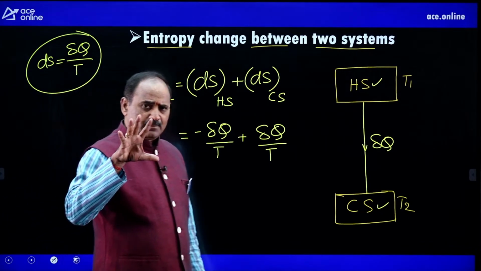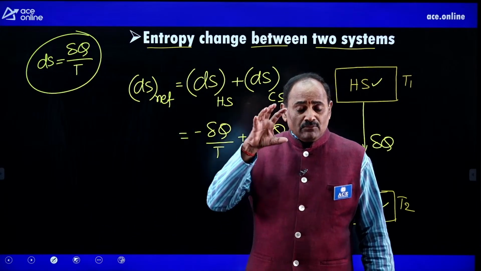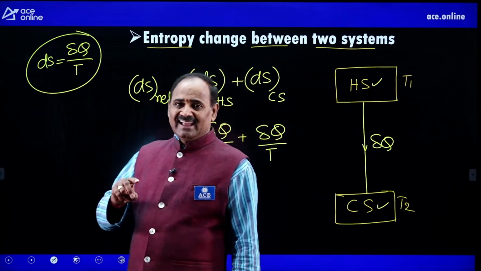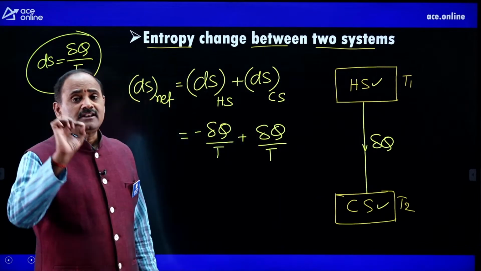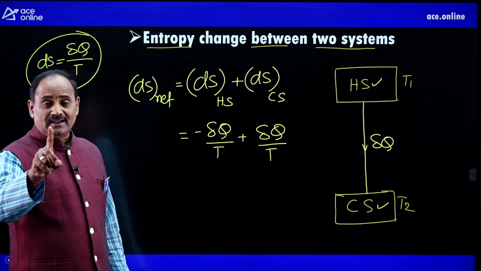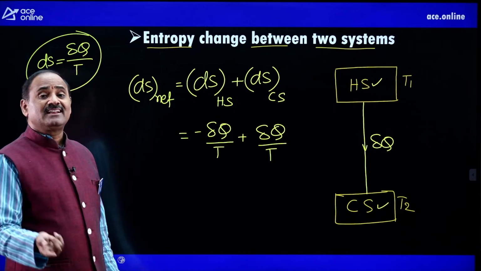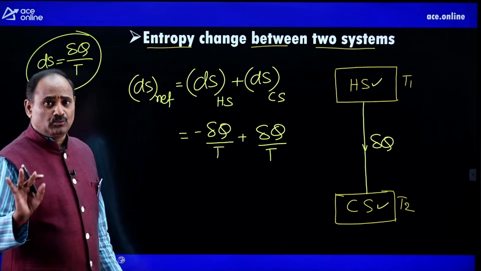What I am trying to tell is, while we are finding the change in entropy at a constant temperature, you should be very careful that del Q, that means the heat transfer, should be decided whether it is positive or negative.